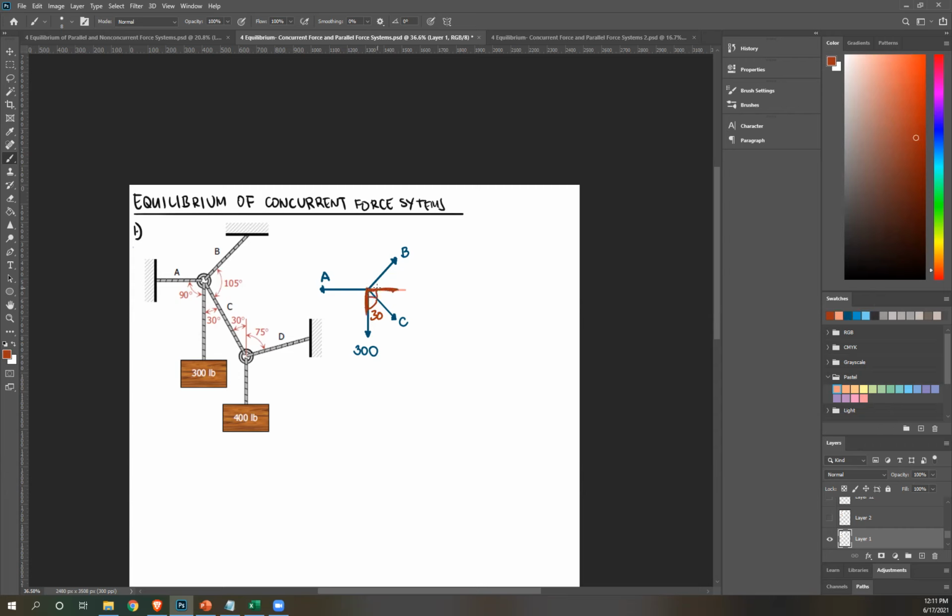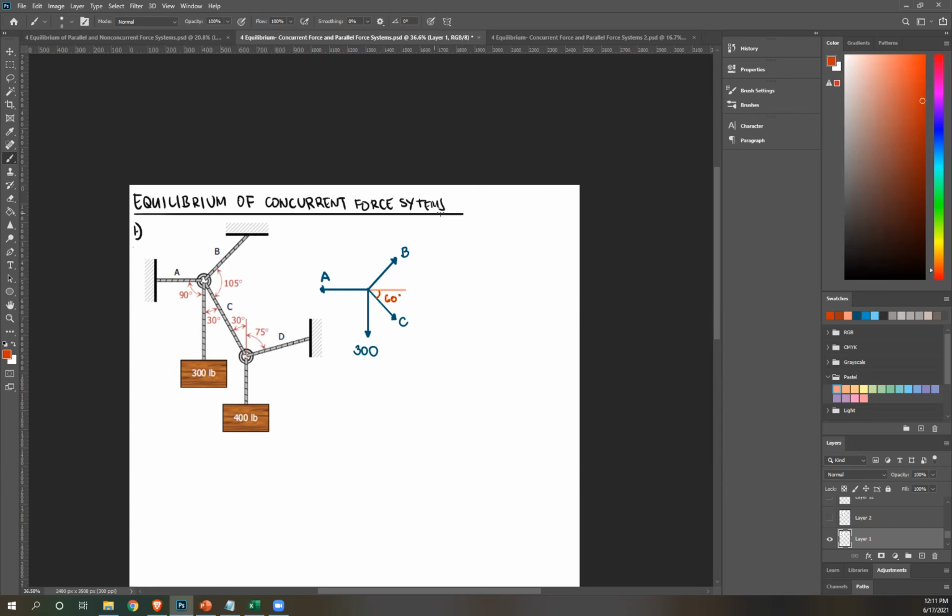This is 90 degrees since they form a right triangle, a right angle. So therefore, I can easily get this by subtracting 90 and 30. So 90 minus 30, this is 60, right? And then I know that the angle between B and C is 105, then this is 60.